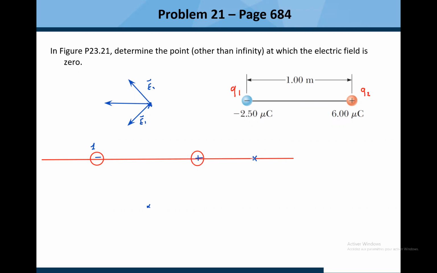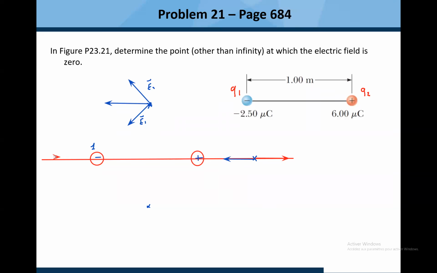It's negative, so it must be in, toward the charge. 2 is positive, so it must be out. So in this case, we can have two opposite fields. So it is possible to have a 0 field.